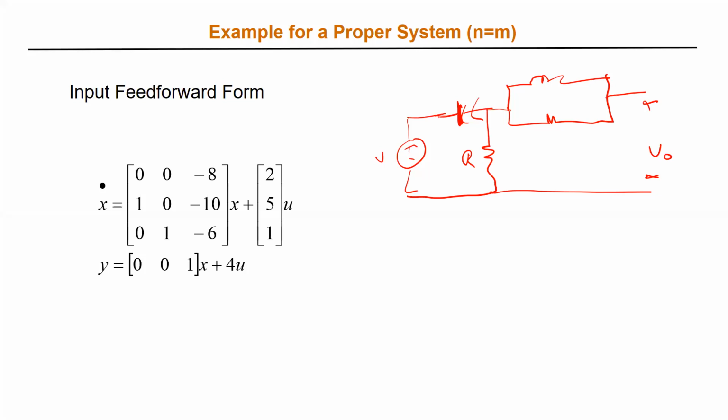This is a voltage source, capacitor, resistor, inductor, another resistor. And suppose there is a switch and the system starts operating. What will happen to the energy in the inductor after a certain time?